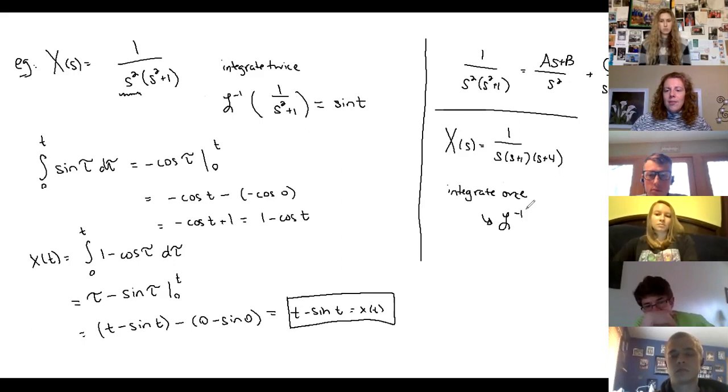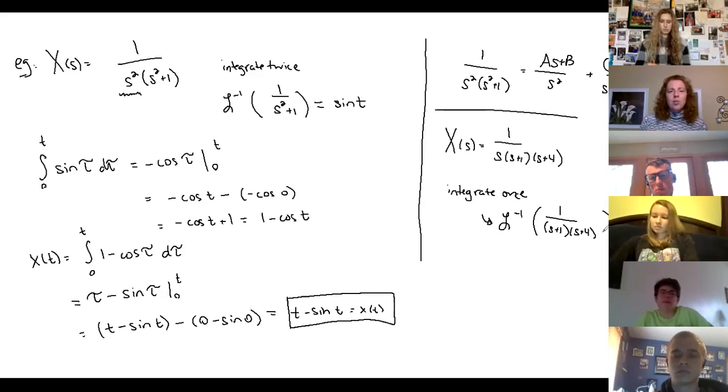That's going to be the inverse transform of 1 over s plus 1 times s plus 4, and you're still going to need partial fractions for that one. So sometimes you do have to mix this technique with partial fractions, and sometimes honestly it is going to be easier to use partial fractions. It's up to you. Sometimes this one's easier, sometimes partial fractions is easier. It just depends on how many s's you have and what you need to integrate.